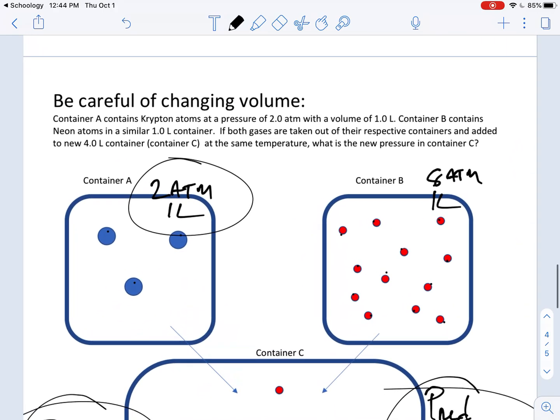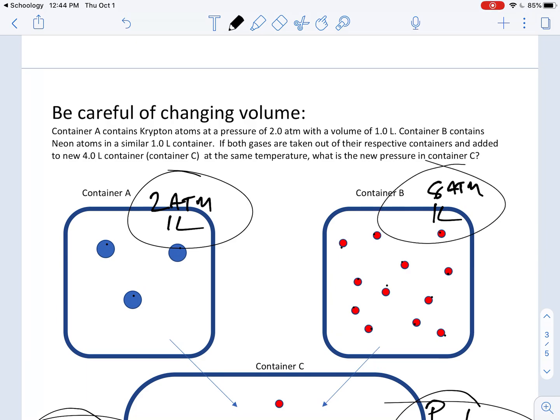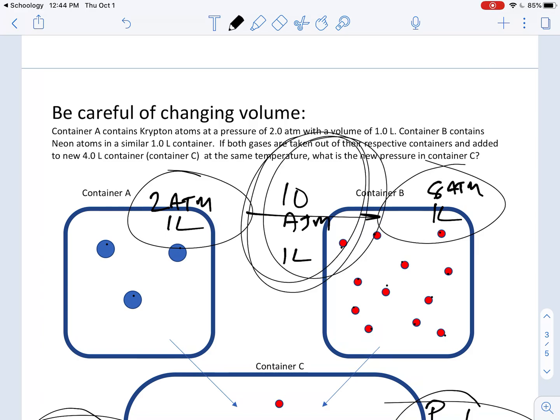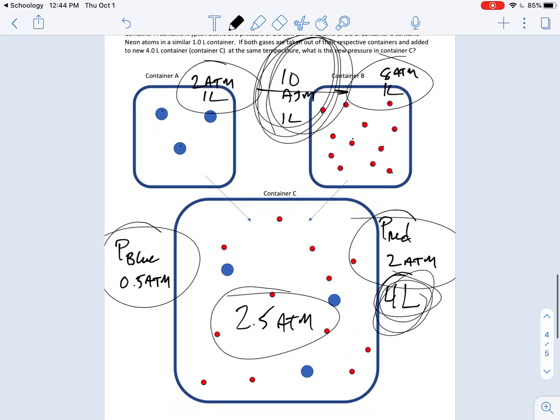The other thing that you could have done, because each of these guys started at a liter, is you could have simply put these guys together and said, to start, we started with 10 atmospheres and 1 liter. And so if we then went to 4 liters, the volume went up by a factor of 4, so the pressure has to go down by a factor of 4, which is why we end up with 2.5 atmospheres. 10 divided by 4 is 2.5.